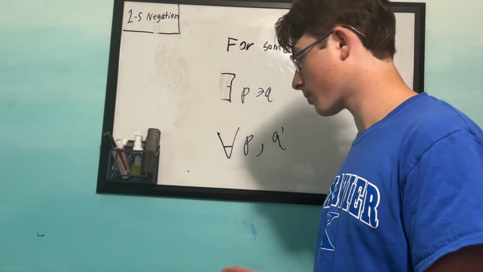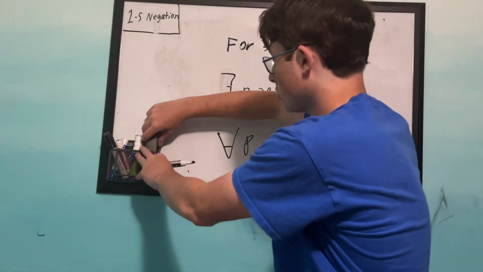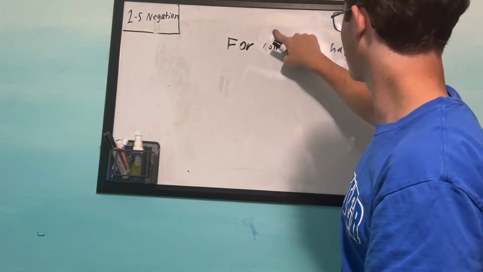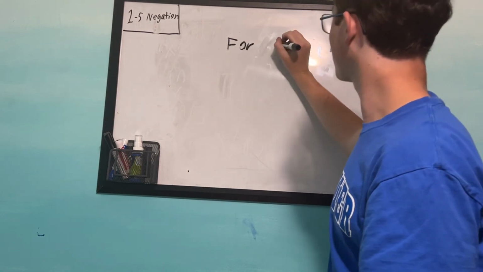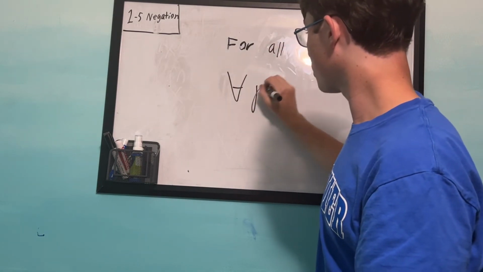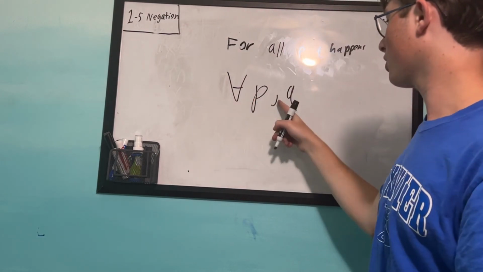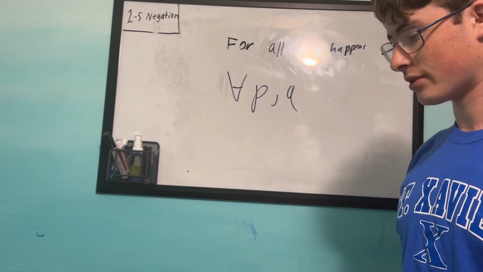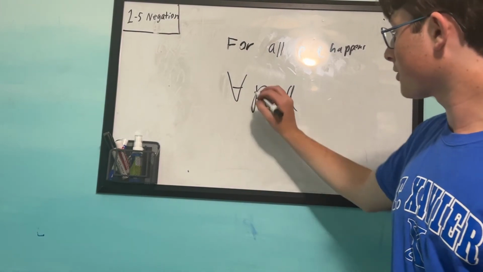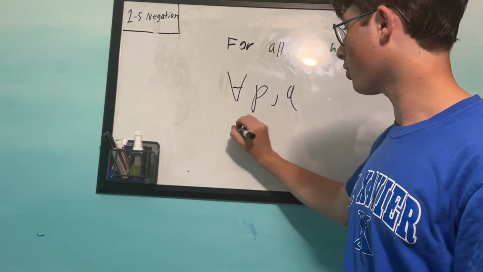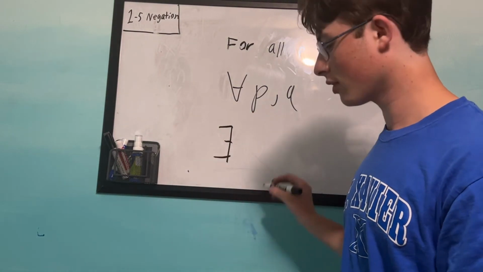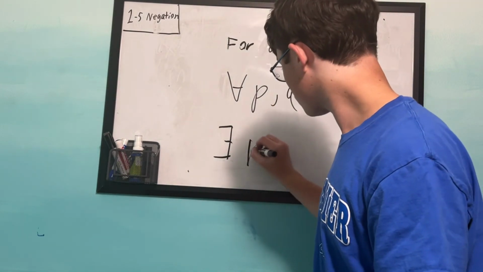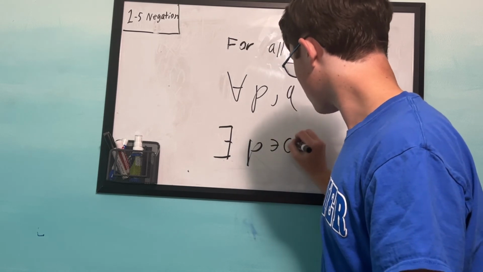Let's see, and then the other one, for all P, Q happens. So if we start off with for all P, Q happens, you can negate this the same way that was done on the previous one, where we switch from for some to for all, do that backwards, and then switch this to a negation.